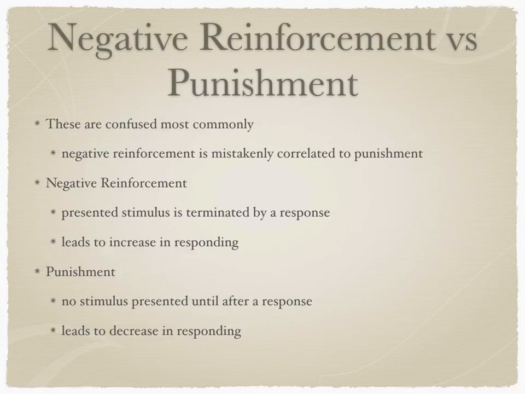So we assume that negative means that it's something bad, when really negative reinforcement is when a stimulus is terminated by a response and it leads to an increase in response. And punishment is when a stimulus is presented after the response, and that leads to a decrease in responding. So the main difference is that negative reinforcement increases responding, and punishment decreases responding.